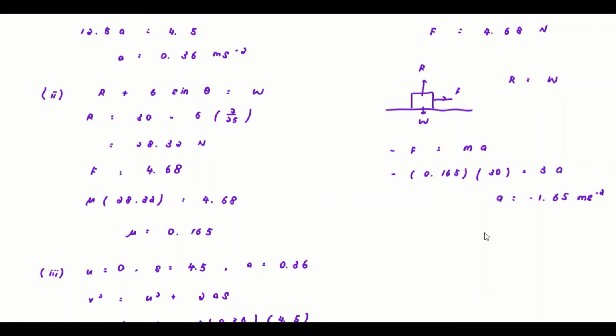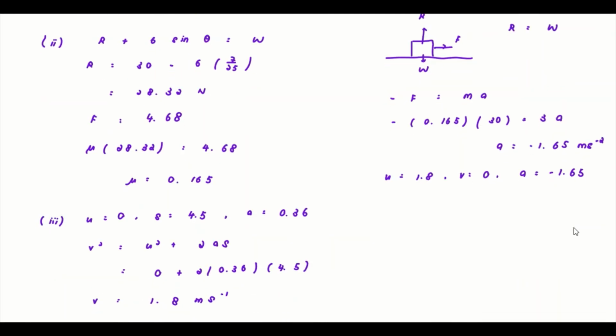Okay, so after we got this, then now we can proceed with finding the time for the second stage. So the initial velocity is 1.8, the final velocity is 0, then we know that the acceleration is negative 1.65. So from here, then we can find the time. So v is equal to u plus at. So 0 equals 1.8 plus negative 1.65, then t.